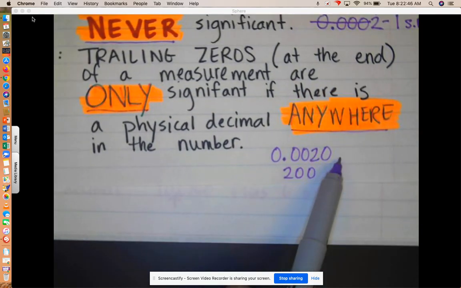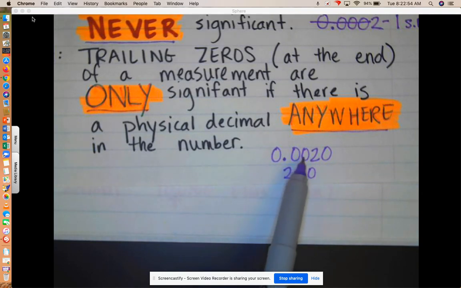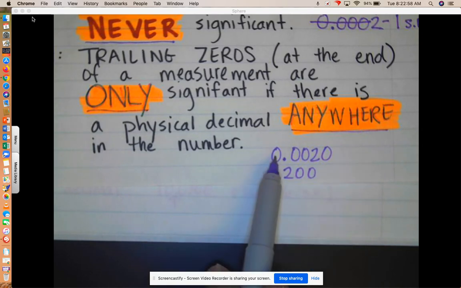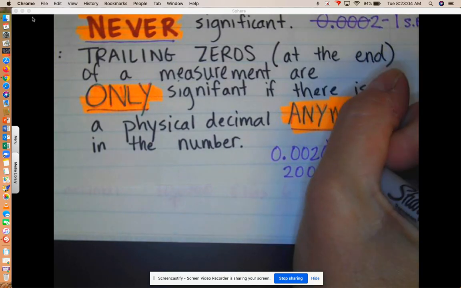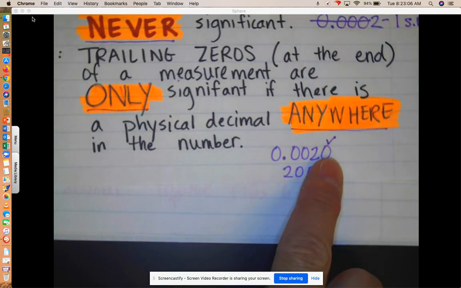When you have zeros at the end, these are your trailing zeros. They're zeros at the end, and they can only count if I see a decimal. So the first thing you do is look for a decimal. Do you see a decimal in this number? Yes, I see a decimal right here. That means that this zero that's trailing would count.